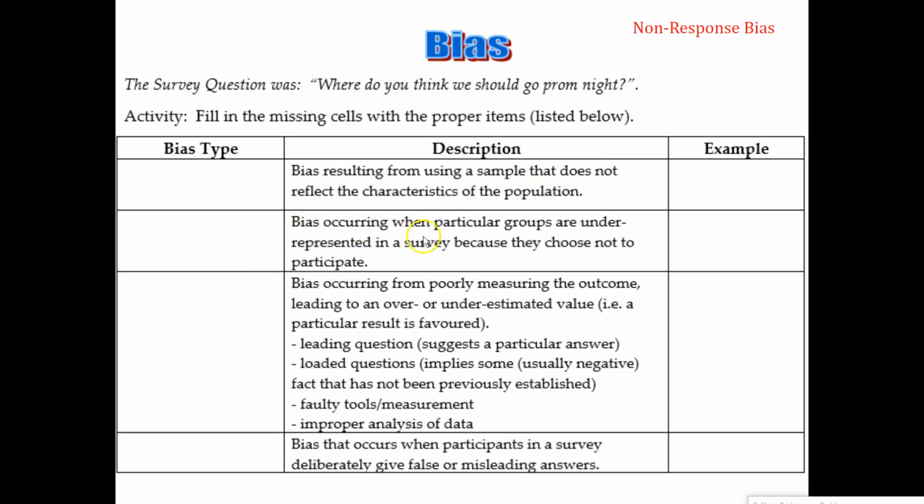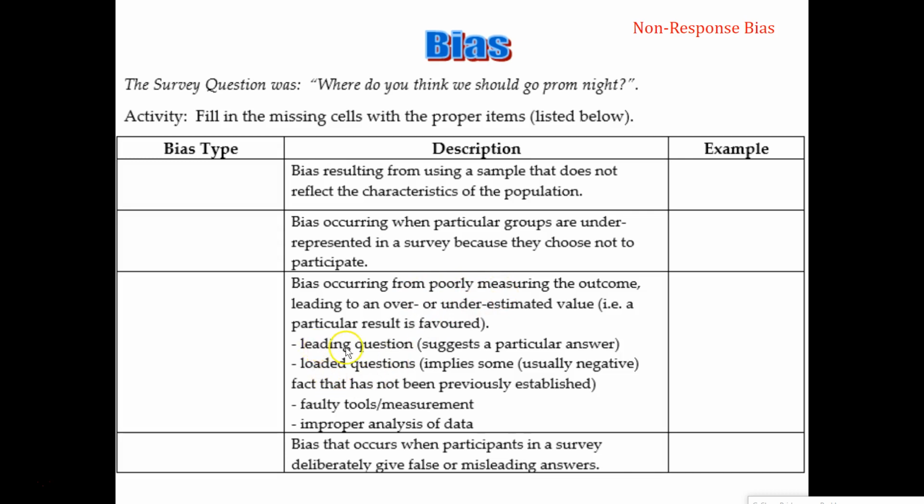Would it be bias occurring when particular groups are underrepresented in a survey because they choose not to participate? Would it be bias occurring from poorly measuring the outcome, leading to either an over or underestimated value? That basically means that a particular result is favored over another because of poorly measuring the outcome.